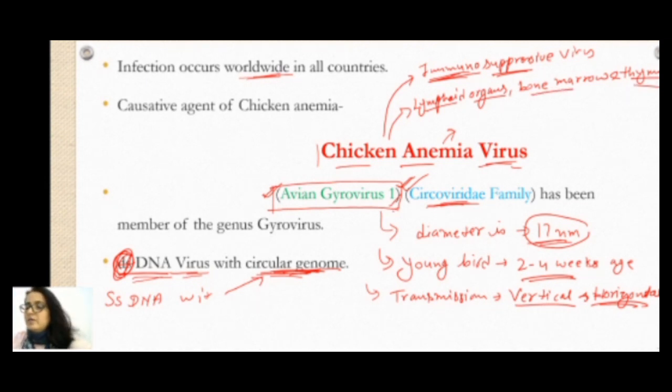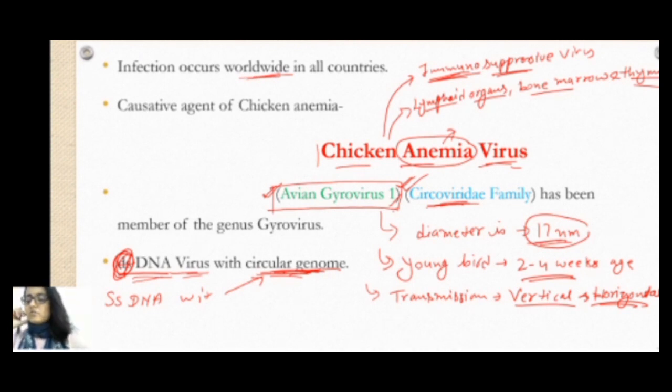The general clinical findings are anorexia, depression, and dullness. Anemia is an important characteristic clinical symptom of this disease, and the name of the disease is also anemia. So anemia occurs in this disease.